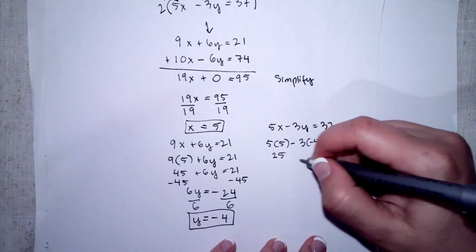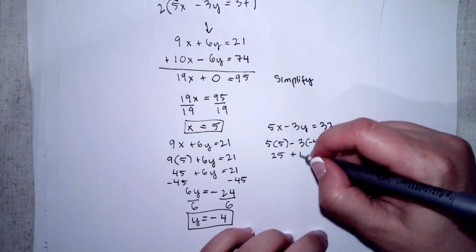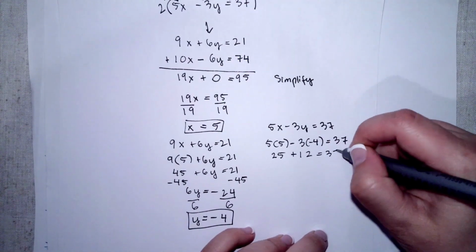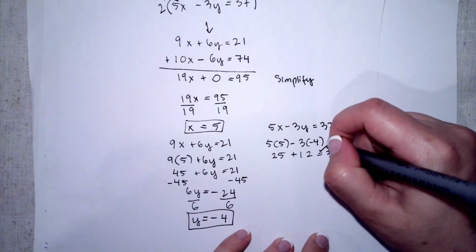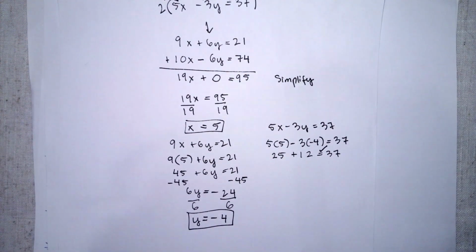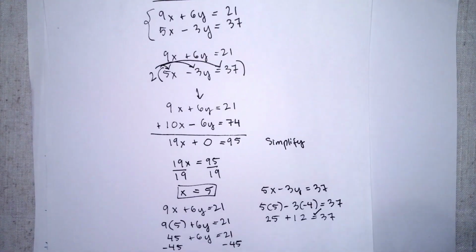So 25 plus, because we have a negative here, 12 is equal to 37. See, 2, 3, 5, 6, 7. All right, it is in agreement. So this is, in fact, correct. Awesome. So that was our third way to do systems of equations.